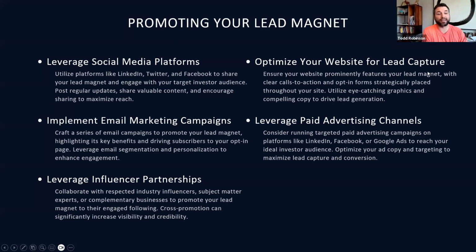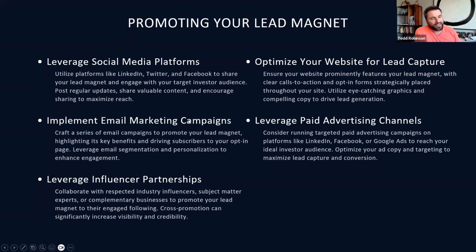Copywriters are someone that can write your email campaigns for you. Obviously, you've got to pay them, but that's an effective tool as well. And again, if you're using a CRM database, customer relationship management tool, you can do all this through that platform.